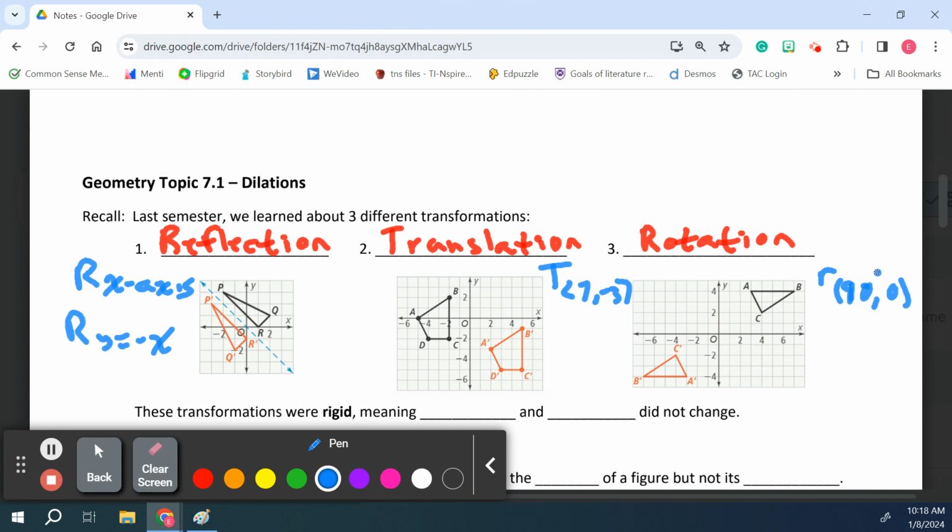Now remember, if 90 is positive, is that clockwise or counterclockwise? Who remembers? 50-50 shot. Take a guess. Clockwise or counterclockwise?